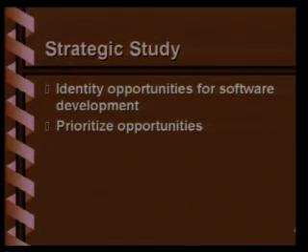We don't know what kind of outcomes, candidate areas or application systems may come out of that study. So there are candidate applications. What will we do? We will do the strategic study to identify opportunities for software development. In fact, our main objective will be to prioritize opportunities.